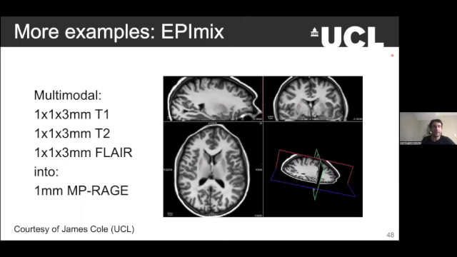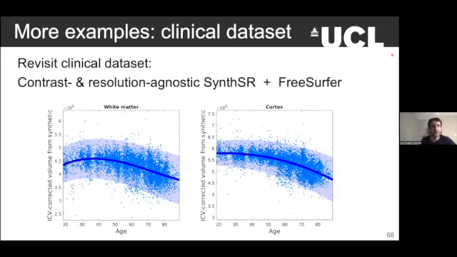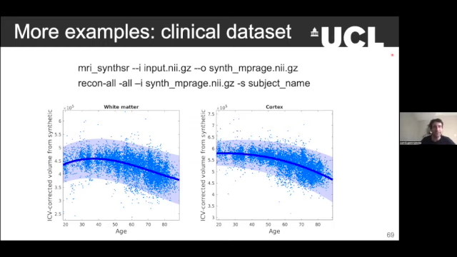But the fun part again is running this on the clinical data, right? I can take my contrast and resolution agnostic version. Again, this is already in FreeSurfer. You can easily do mri_synthsr, -i input, -o output, and get a fake MPRAGE, and then you can just run recon-all on it if you want.